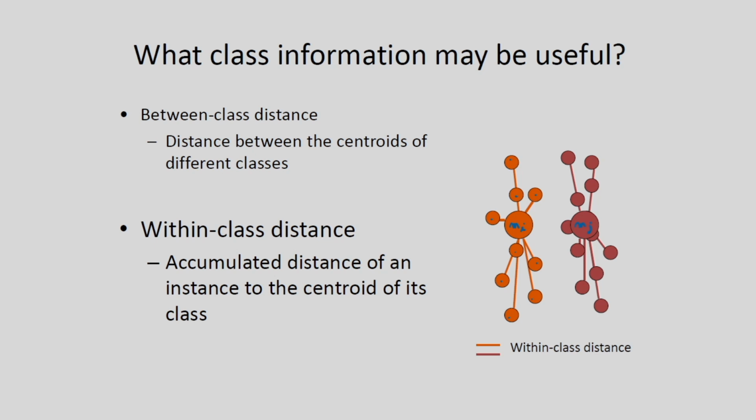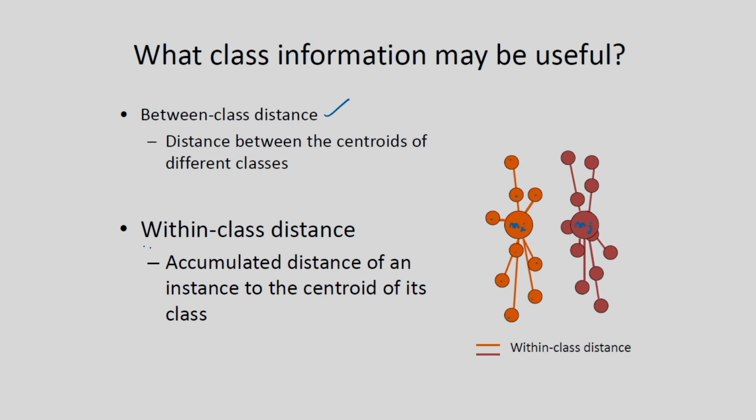I can determine the distance between these samples and the centroid, and the accumulated distance should be minimum. So for LDA, one is the between class distance, the distance between the centroids of different classes, which should be maximum, and the within class distance, the accumulated distance of an instance to the centroid of its class, which should be minimum.